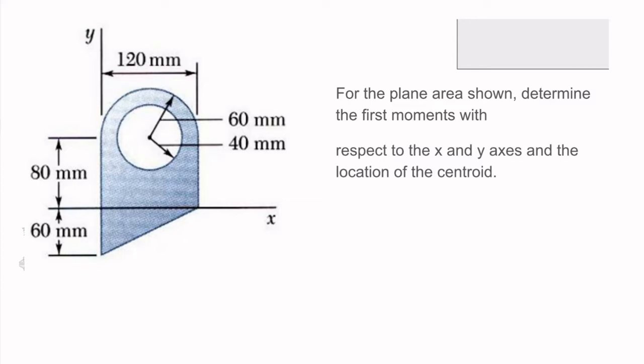I had a little bit of a brain fart, and I had misinterpreted the x bar and y bar that we're trying to solve for as if they were the distances from the x-axis and the distances from the y-axis, rather than what they actually should be, which is the location along the x-axis and the location along the y-axis.